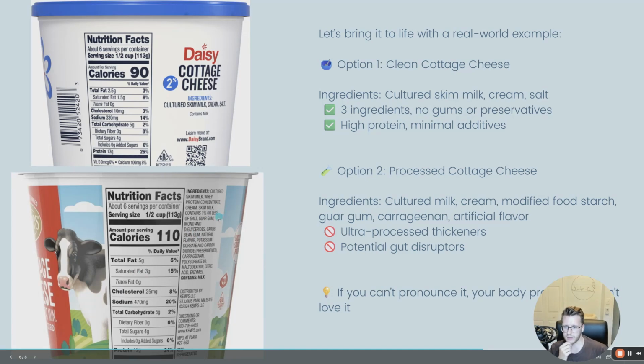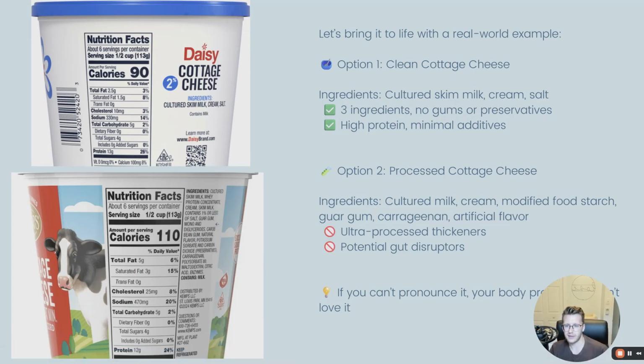Then you look at this other one here, basically the same number of calories. It's got cultured skim milk, then it has whey protein added in, then it has guar gums, monodiglycerides, bean gum, natural flavors, potassium sorbate, and carbon dioxide as a preservative, carrageenan, polysorbate, enzymes, all this crap, right? It's got cultured milk, cream, modified food starch, and it's got gums and artificial flavors.